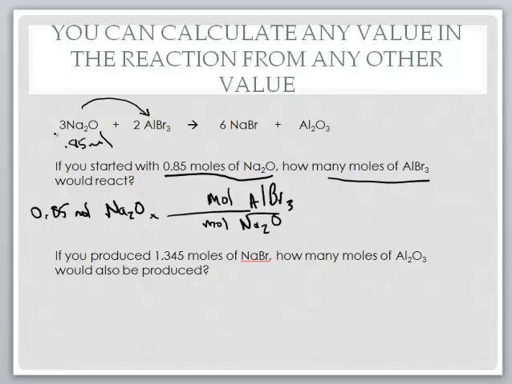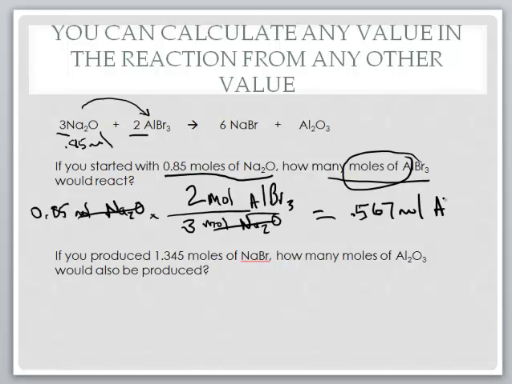The numbers are the coefficients, so 3 and 2, and we're trying to find moles, so we can stop there. Those cancel. 0.85 times 2 divided by 3 gets us 0.567 moles of aluminum bromide.